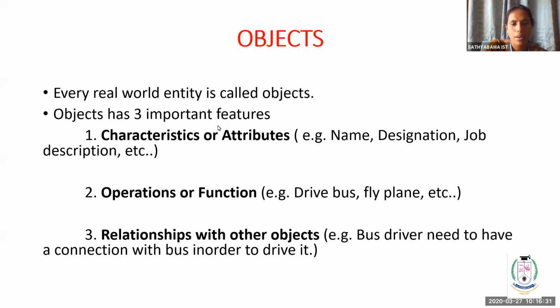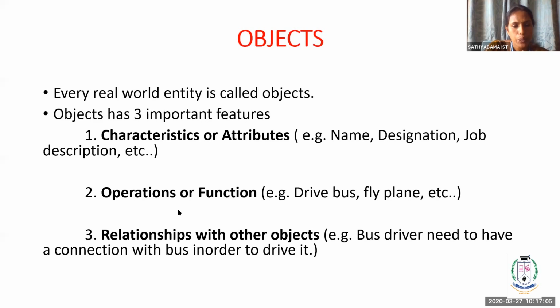For example, a person, a boy or a girl is an object. The boy's name, color, height and weight are all called attributes of the boy object. Here is another example: the characteristics of a particular employee object, such as the name of the employee, designation, as well as personal description. These are called the characteristics of an object.